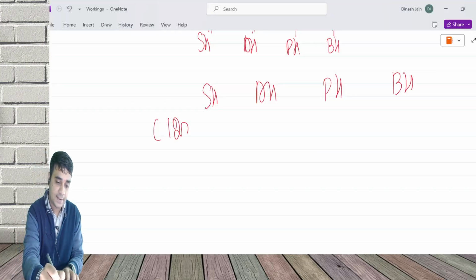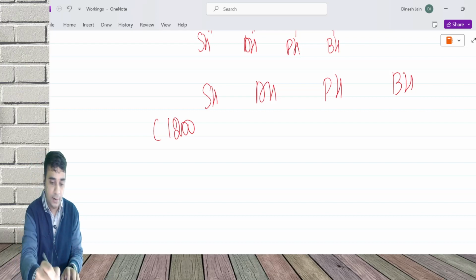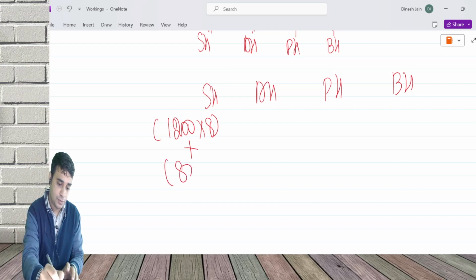Standard time is always calculated with the help of actual output. 1200 of X, what is the time required per unit? 1200 into 8 plus, we have produced X as well as Y, second product, how many units? 800 into 12.